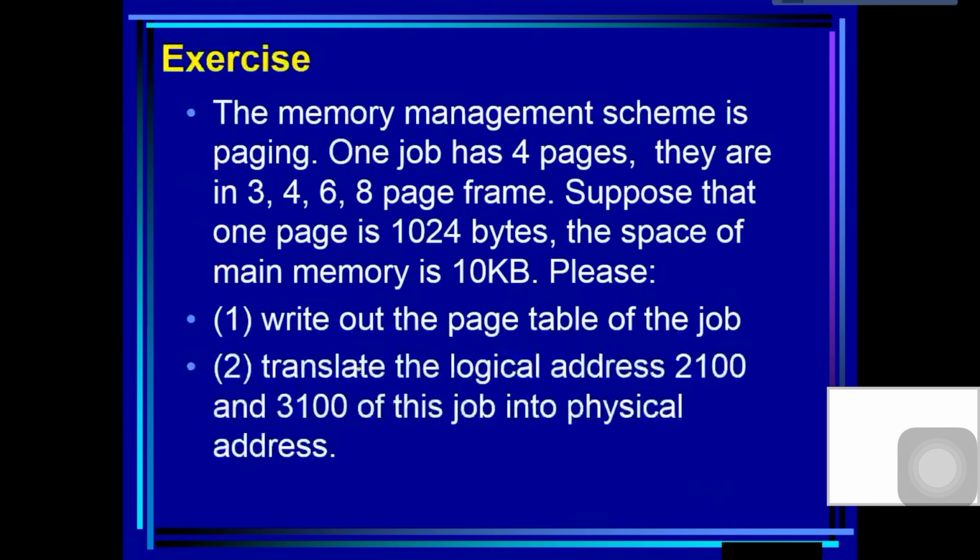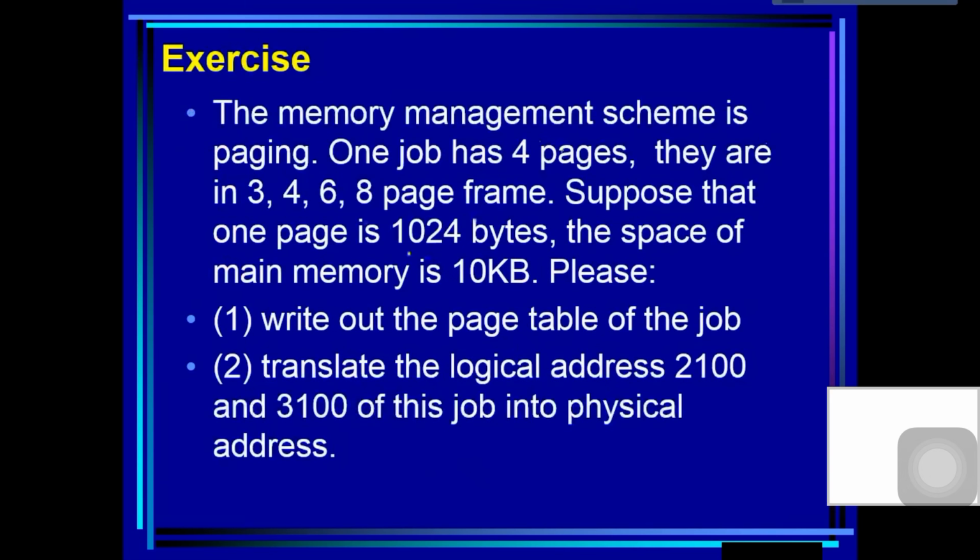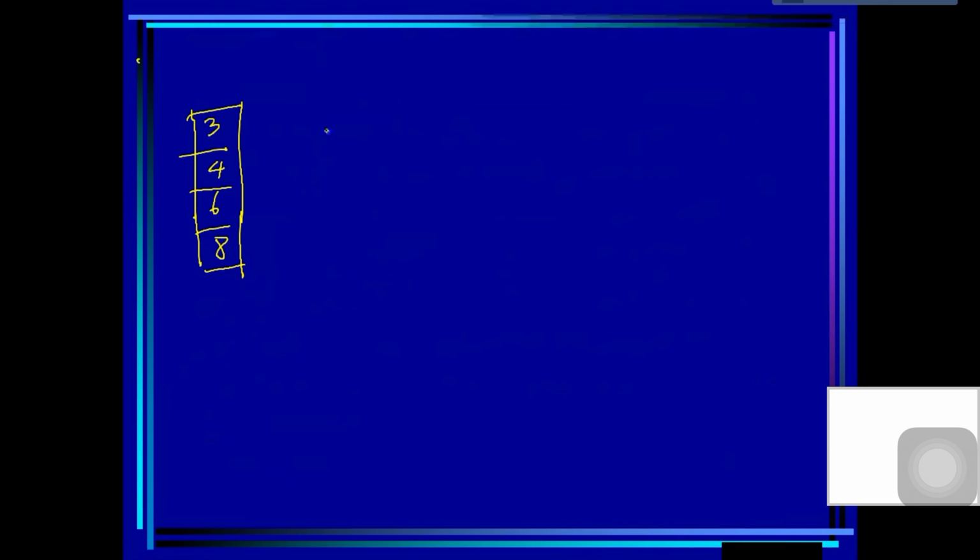And also translate the logical addresses 2100 and 3100 of this job into physical addresses. Because the page size is 1024, we divide 2100 by the page size, and the integer part of the quotient is 2.